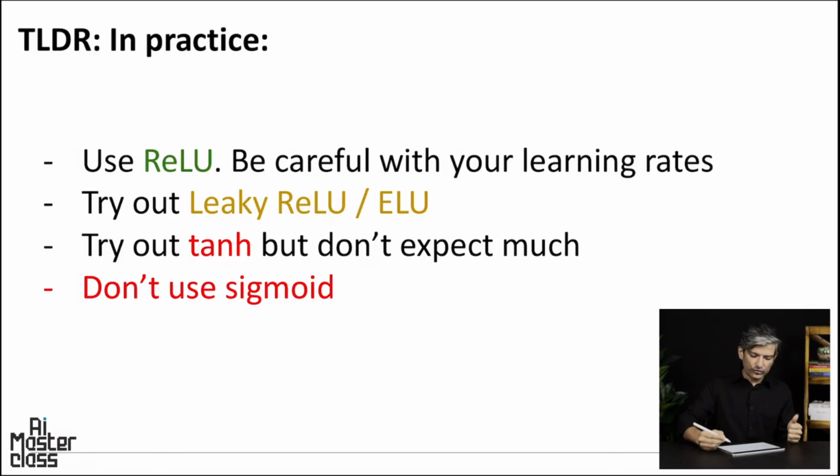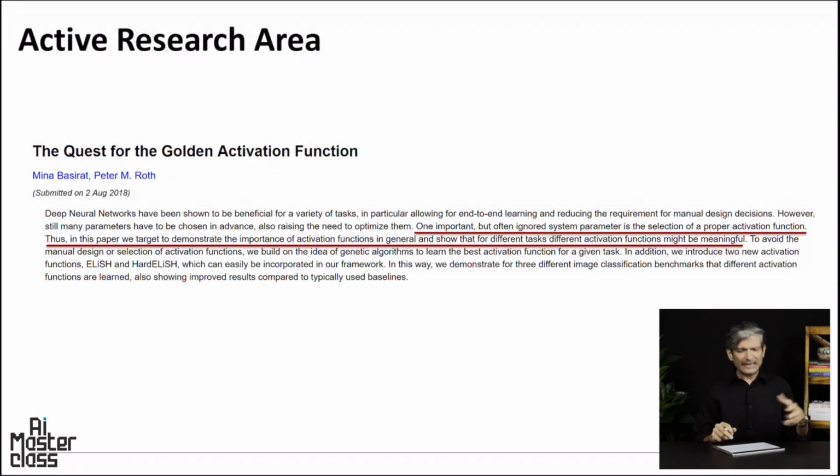Now, in TLDR, you should remember that we want to use ReLU, and this is what we will code up. But we have to be careful with our learning rates. We can try leaky ReLU, ELU. You can also maybe try tanh, but don't expect much and don't use sigmoid. Yeah, and it's an active research area.